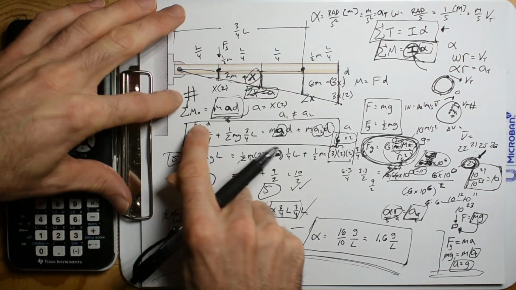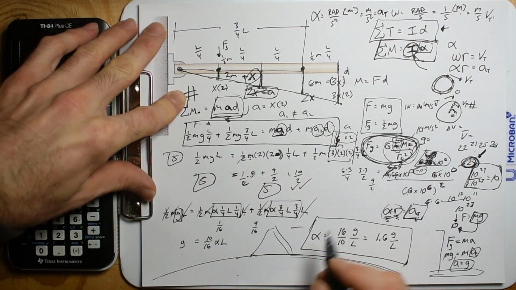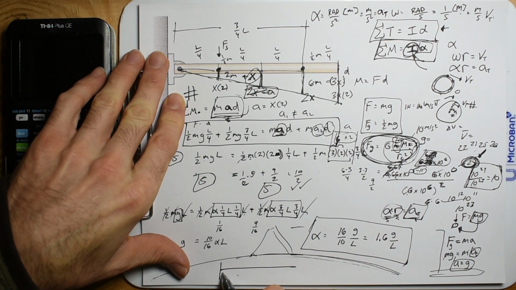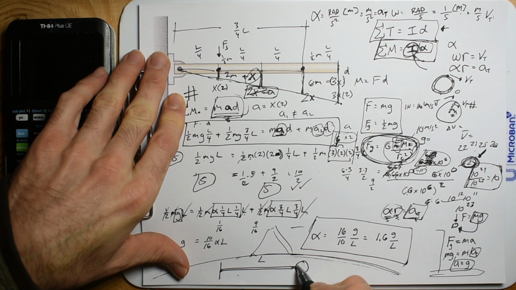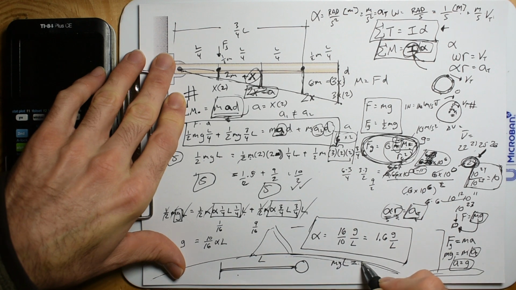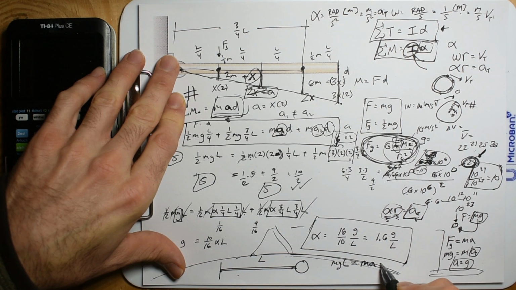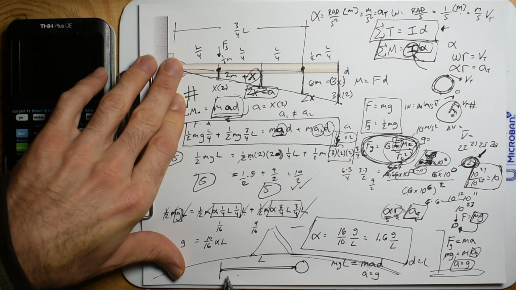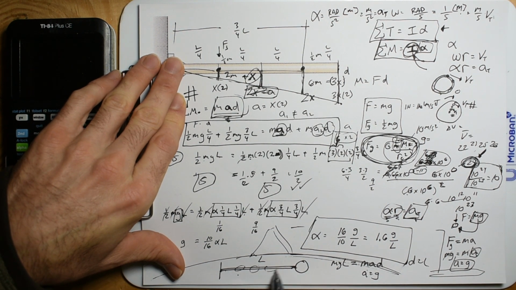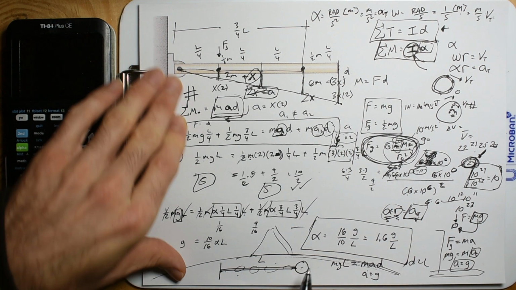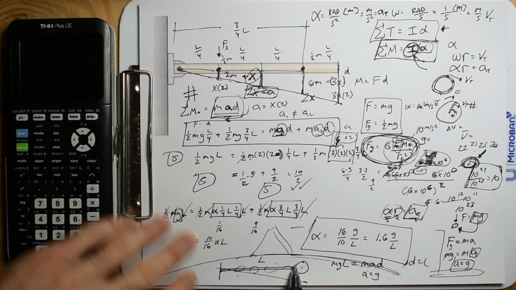That's why we went to the simplest scenario, a massless rod and the mass on the end. Your torque is going to be mgL, and that's going to equal, in linear terms, mad. D is equal to L, and your acceleration here is equal to G. But in any other case where you have masses in between, you have to use continuity.